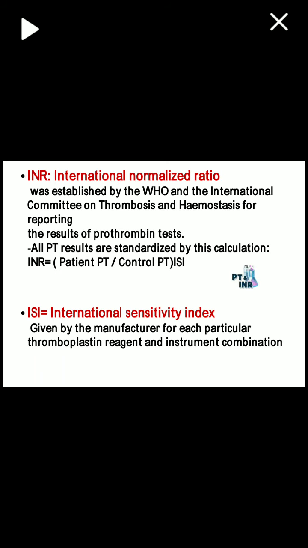In PT reporting we have something called INR and ISI. INR is the International Normalized Ratio, which was established by the WHO and the International Committee on Thrombosis and Hemostasis for reporting the results of PT. All PT results are standardized by this calculation. The formula for INR is the patient's PT divided by the control PT, raised to the power of ISI. The control PT is the mean of an average set of normal PTs.